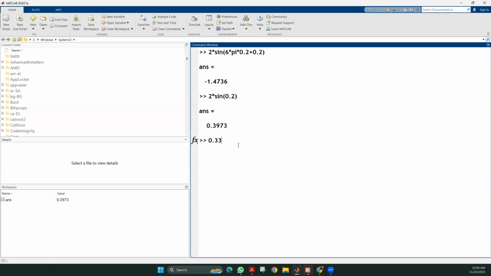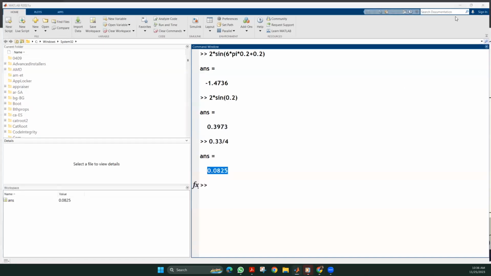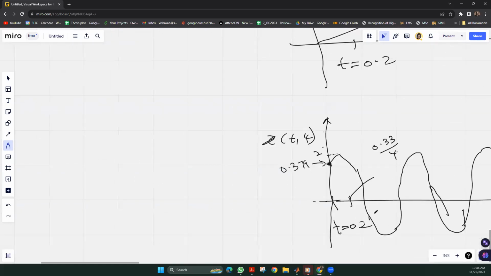So let's say it's 0.33 divided by 4. It's going to be 0.0825.